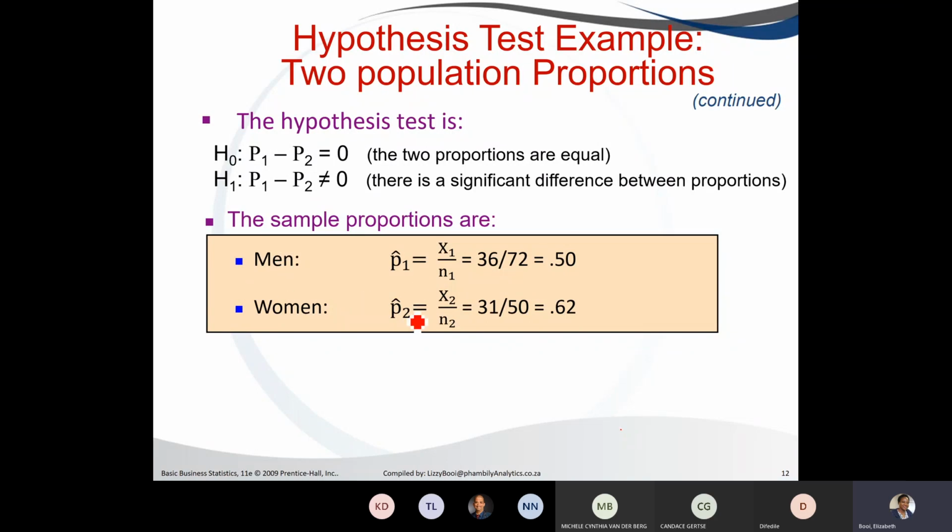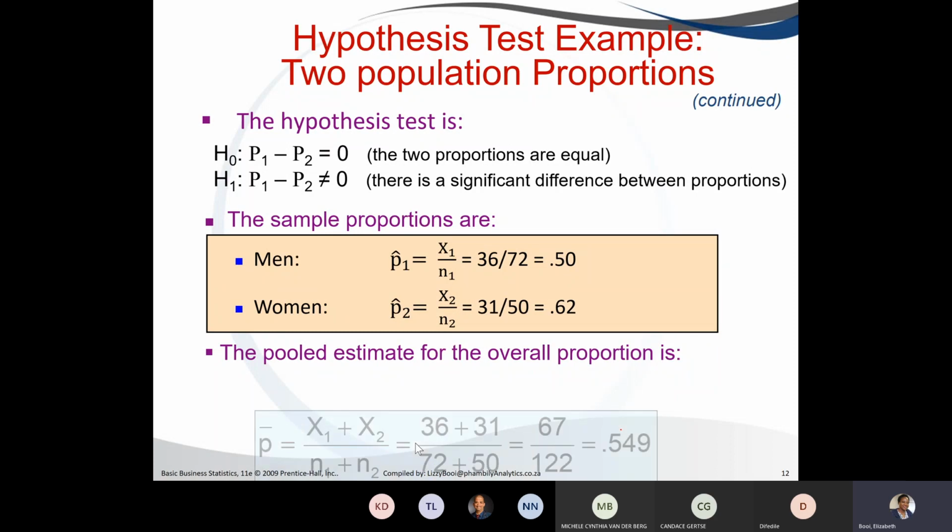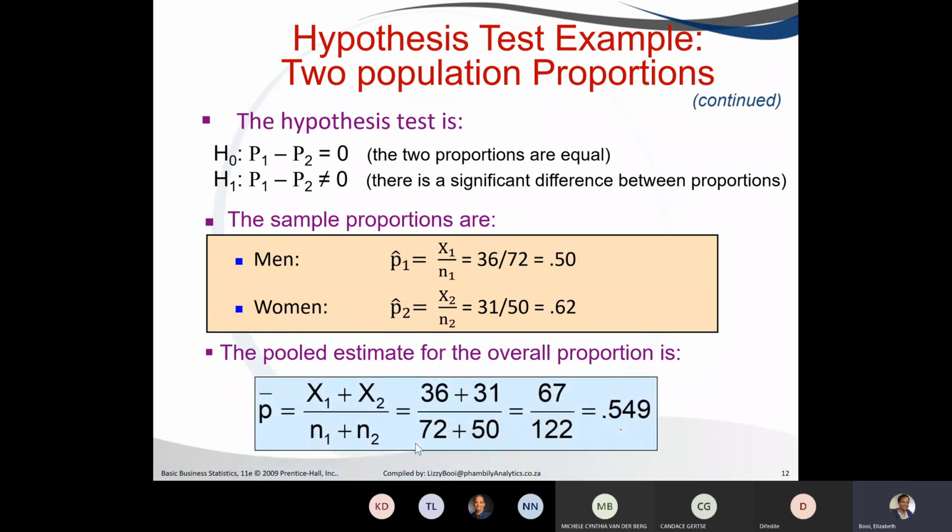So now we need to calculate the pooled estimate. Remember, the pooled estimate is that other complex formula that we will need to substitute into the test statistic when we calculate it. To calculate the pooled estimate, remember, it is x1 plus x2 divided by n1 plus n2.